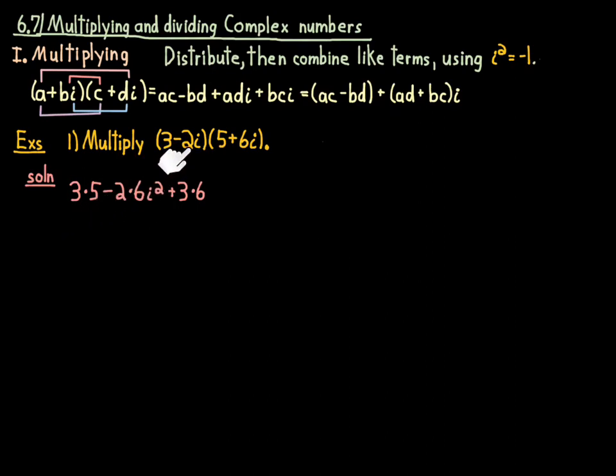And I get -2i times 6i, which is -2 times 6 i squared. And then I'm going to get the inside and outside. 3 times 6i, that's this one. And then the last one's going to be -2i times 5. So that's where those came from.